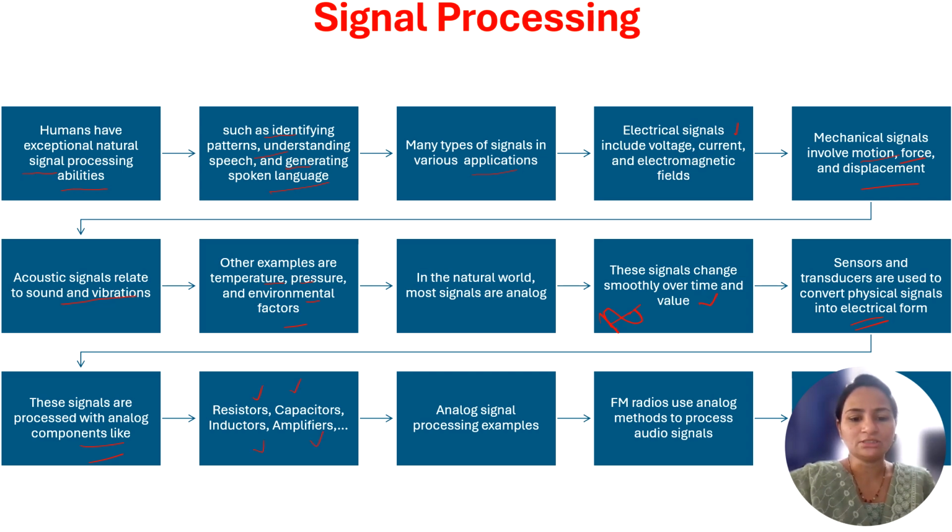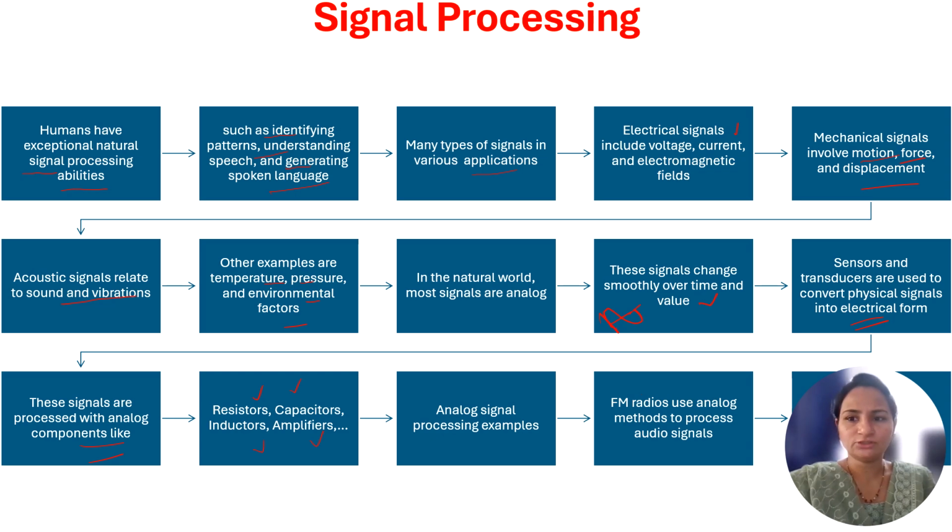These are the types of analog signals in the natural world, from sensors and transducers, that is physical to electrical signals. Examples are FM radios and analog methods, used in FM and AM to process audio signals.